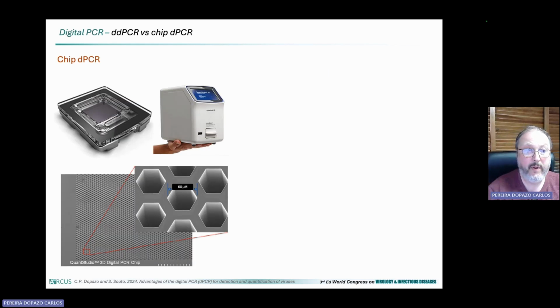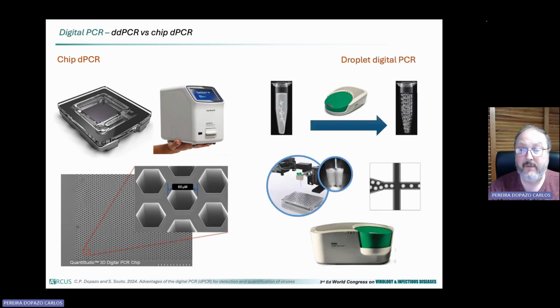Finally, we have been talking about one of the types of digital PCR, this honeycomb type of chips. It is quite easy to understand, but the method we are actually using in our laboratory is the alternative, droplet digital PCR. In this case, we prepare a PCR mix, and then we add the oil and use a special piece of equipment to obtain a mixture of 20,000 nanodrops.